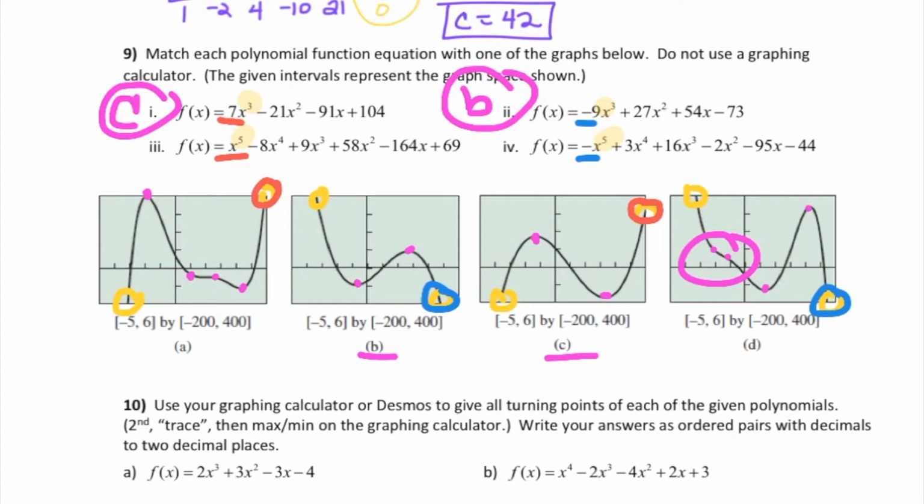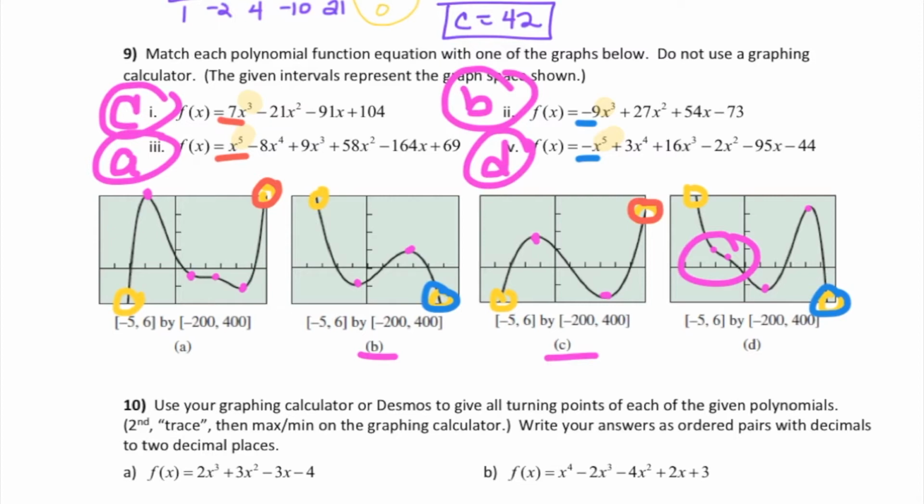And so I can decide that 3 is A and 4 is D. And again, you should be able to do that without going to the effort of typing all of those equations into your calculator just to look at them. But again, I'm not going to give you a problem exactly like this with matching on the test. But you should maybe be prepared to write something in words about how you would know.